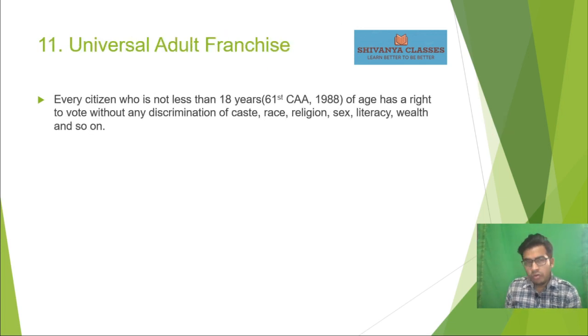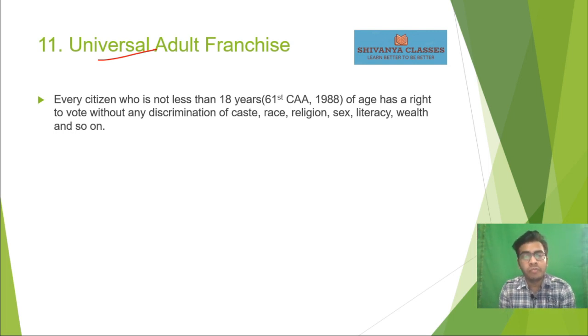Next thing is universal adult franchise. You know that in many countries, even today, the women cannot vote. There are still countries where there is a discrimination. The black cannot vote, only white can vote. There is discrimination.